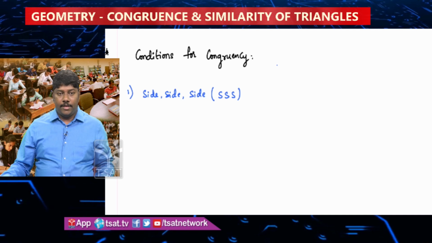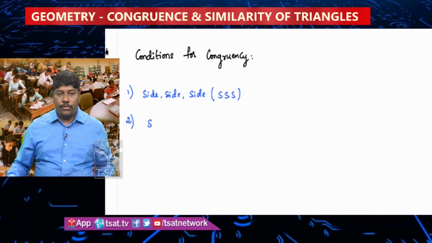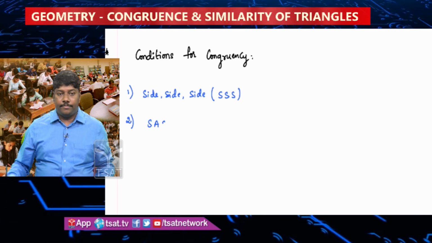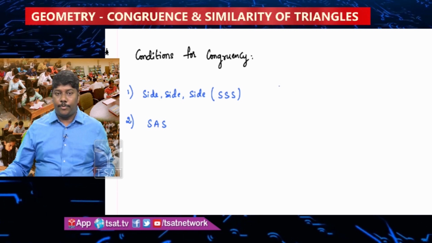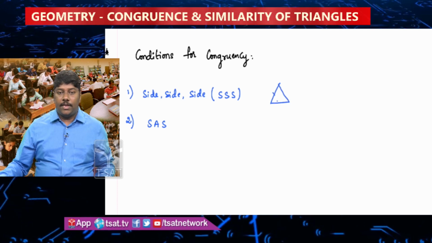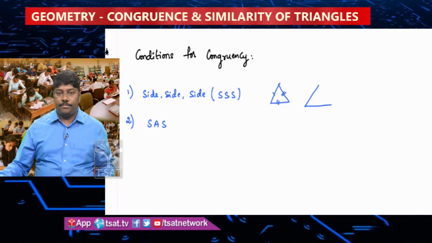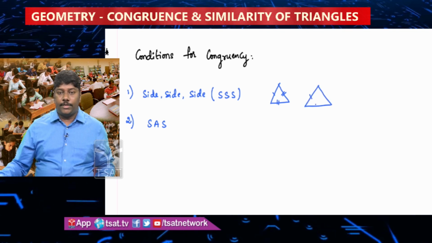Then you say they are congruent triangles. Second, two sides and corresponding angle. If you know that the three sides of one triangle are equal to the three sides of another triangle, we say that it is congruent.